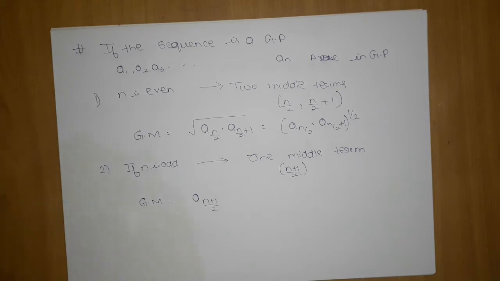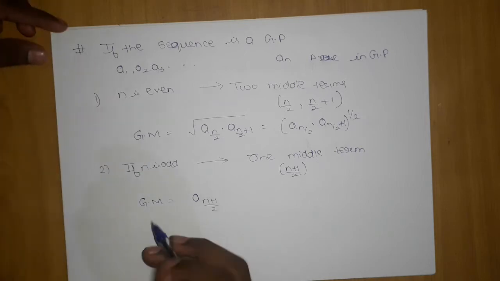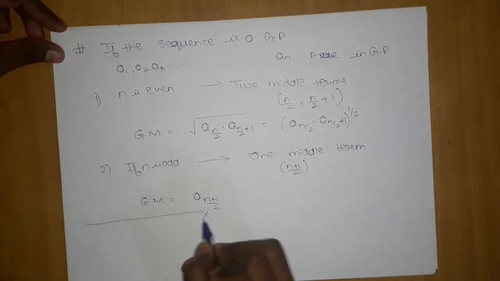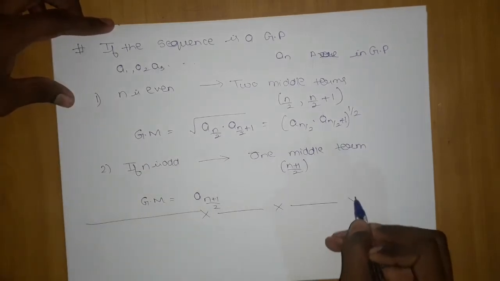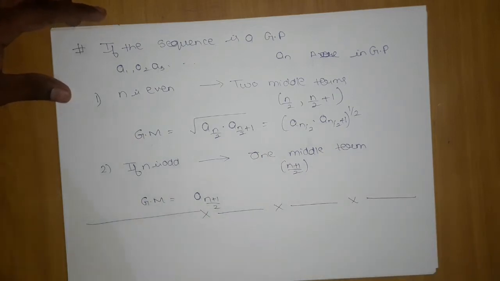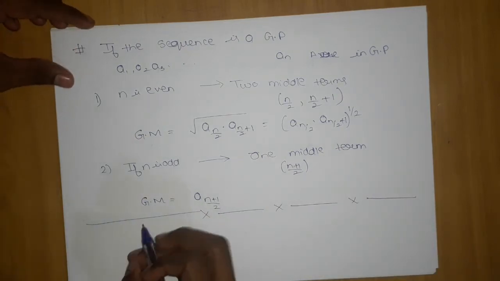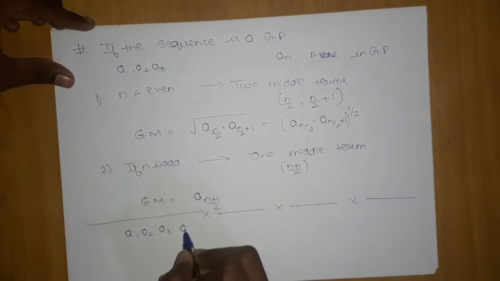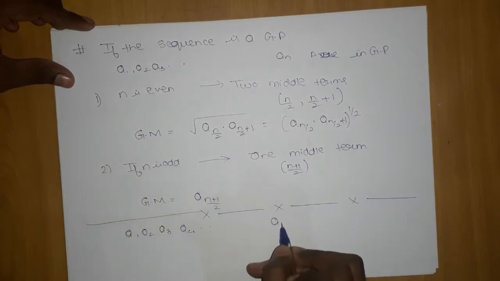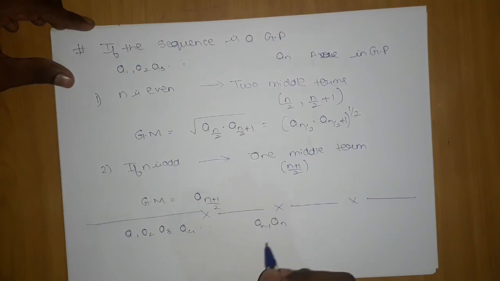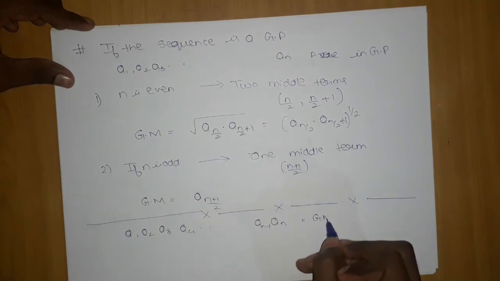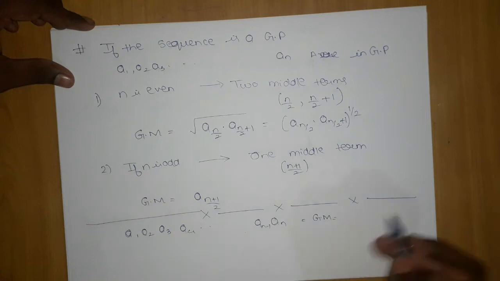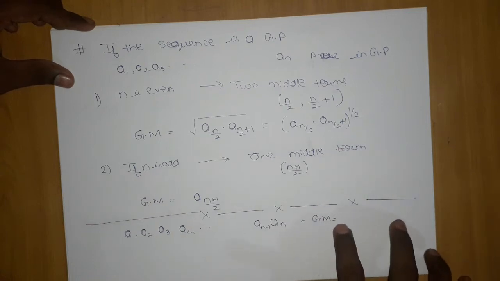Now we will discuss one more advanced feature of this. If I take A1, A2, A3, A4, until AN minus 1, AN, which terms can you take for the GM?